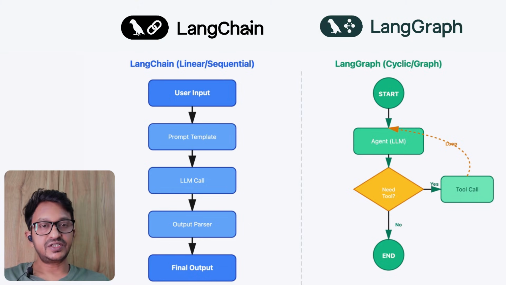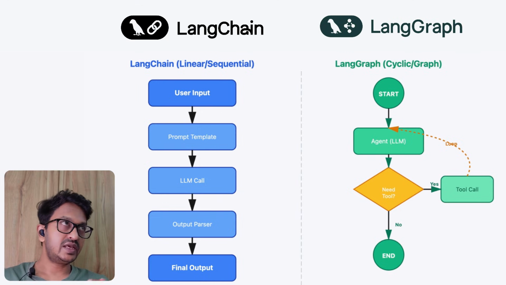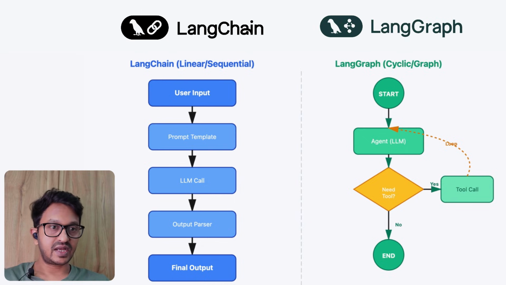And when complex decision making is required, you can use LangGraph, because it can route to different specialists based on the query type. It can go on to different agents. Since multi-agent applications are possible, you can build them using LangGraph.